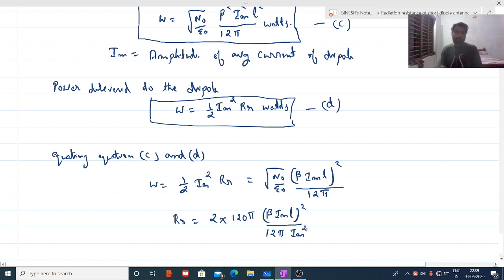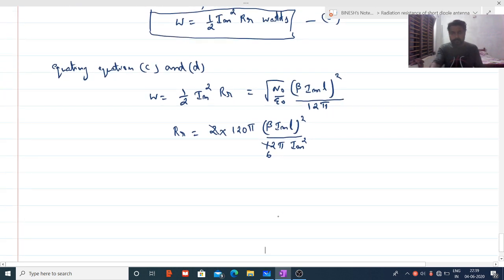I think that is clear. I take the 1 by 2 to the other side and Im square also. So Im square will be in the denominator, 2 will be in the numerator. So what happens? This 2 and 12, it will be 6.